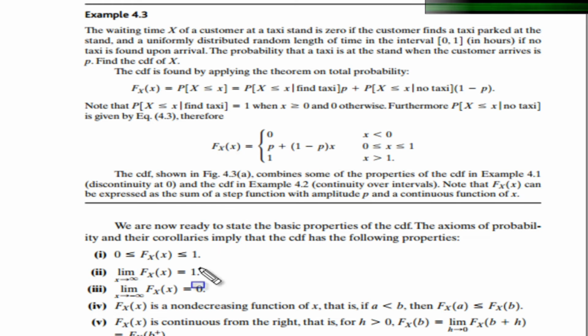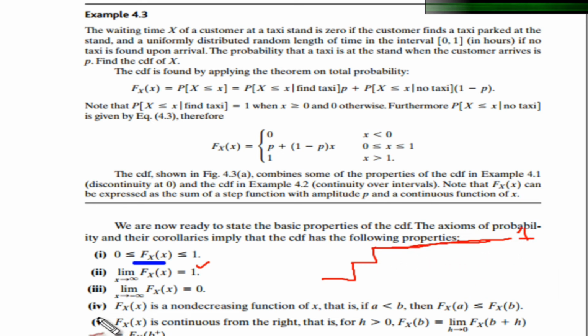exercise questions. Okay. So there are some properties or axioms related to the CDF. Every CDF value will always be greater than or equal to 0 and less than or equal to 1. Its value cannot be outside 0 and 1. Similarly, the limit as x approaches infinity will be equal to 1, because I have told you that after some staircases it stabilizes, and the value on this stable curve will be equal to 1.